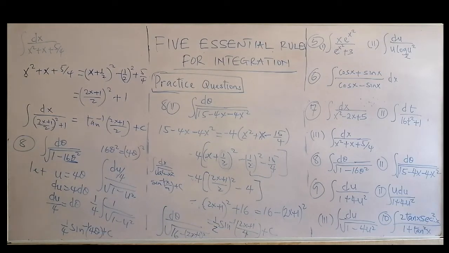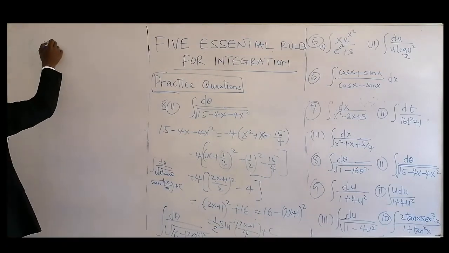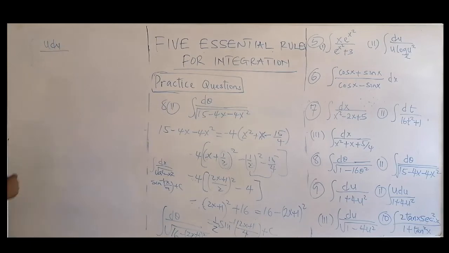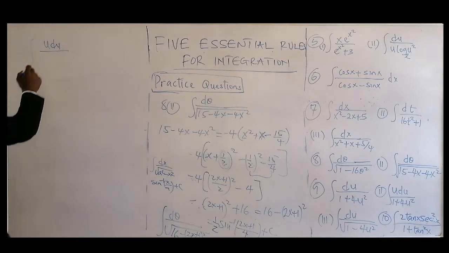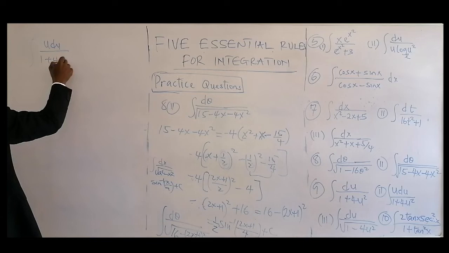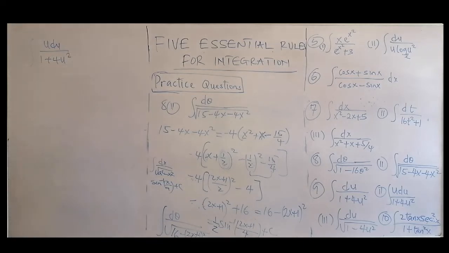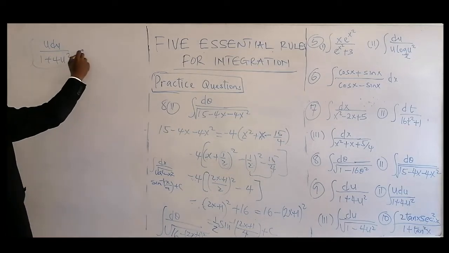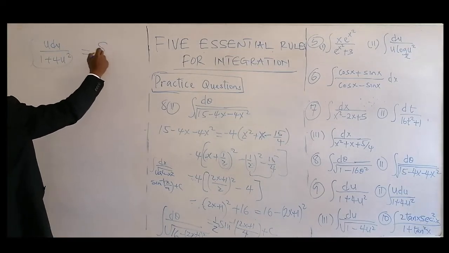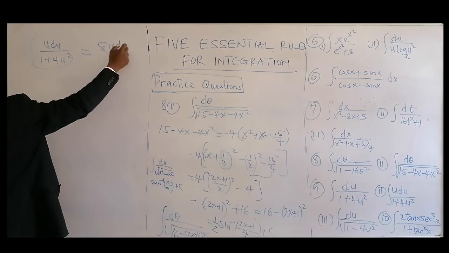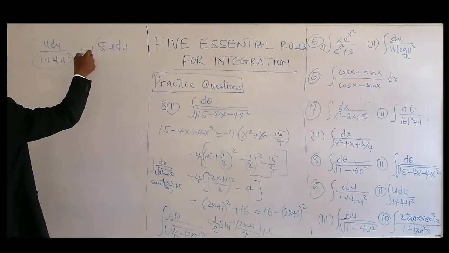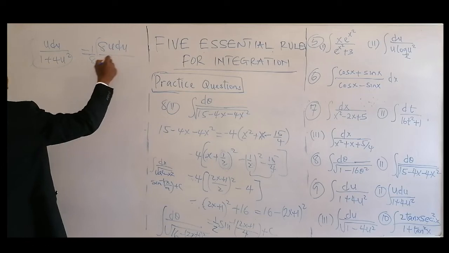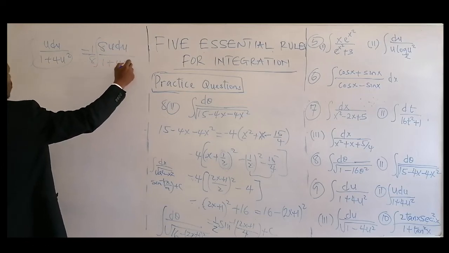Then we'll go to question 9. We have u du over 1 plus 4u squared. Without wasting time, the derivative of this denominator is 8u. So I'm going to make this one 8u du, and cancel that 8 outside: 1 over 8 times 1 over 1 plus 4u squared.